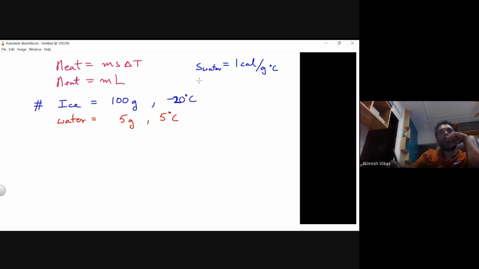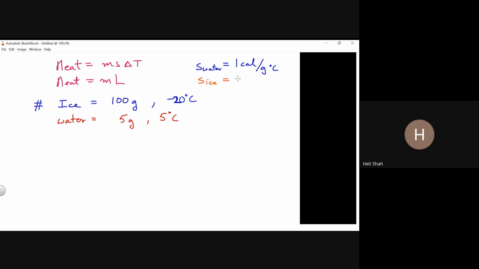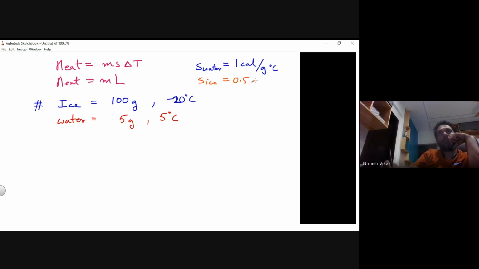Oh, by the way, I did not give you the specific heat capacity of ice. Anybody? Half. Yeah, 0.5 calories. This is luck, okay? Water is 1, and ice being almost half of it is luck.